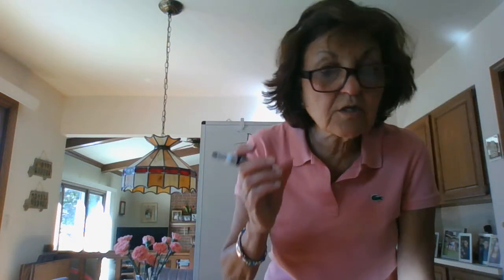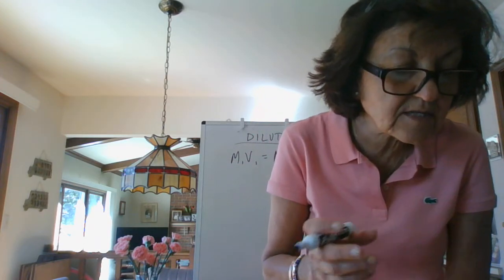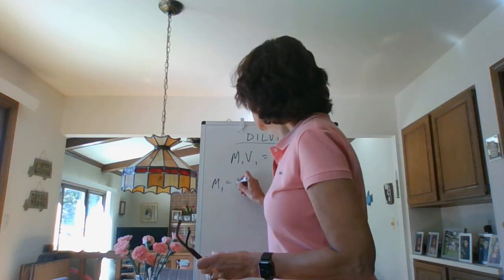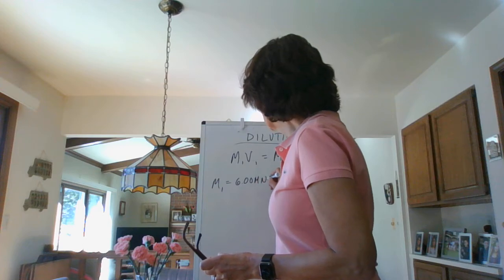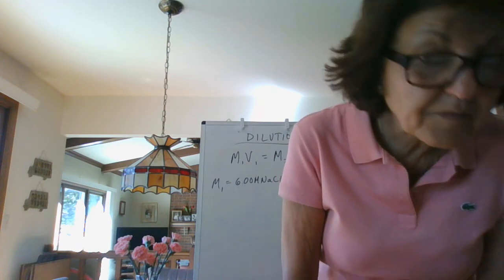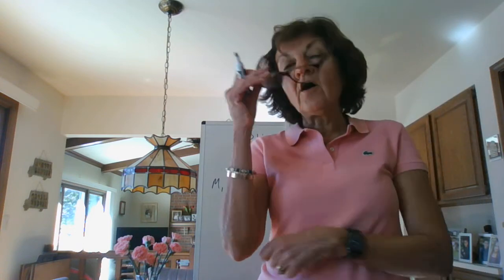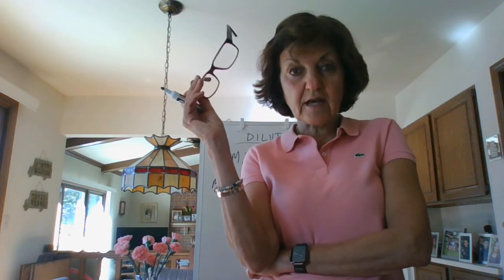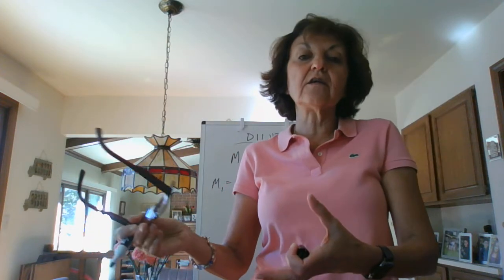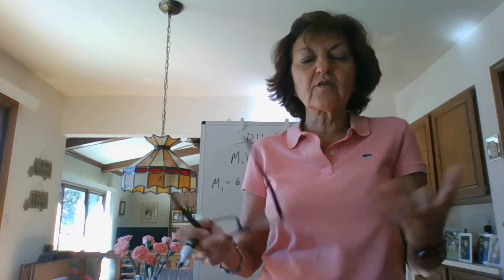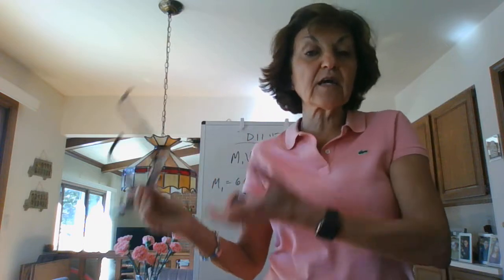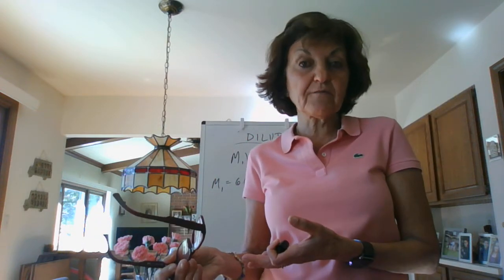We have a stock solution of sodium chloride that is 6 molar. So your initial molarity is 6 molar sodium chloride, and you want to turn it into physiological saline. So all you budding pharmacists out there, when you're working in the hospital, you don't get physiological saline automatically sent to you, or maybe you do, I don't know, that seems too easy. They give you a stock solution of 6 molar sodium chloride, and then you have to dilute it to make it 0.154 molar.